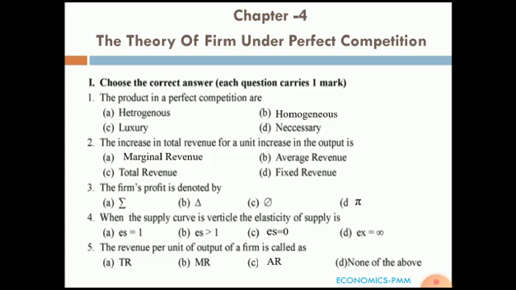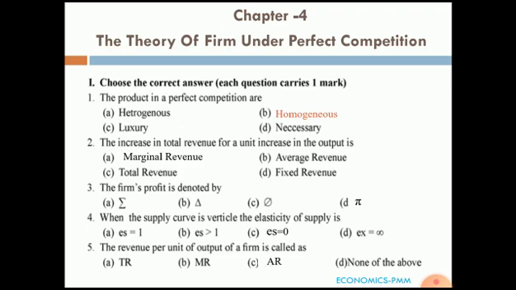The nature of the product sold in the perfect competition are homogeneous. Homogeneous is nothing but they are similar, they are same. So large number of sellers, they are selling homogeneous or a same product. So the correct option here is option B, homogeneous.